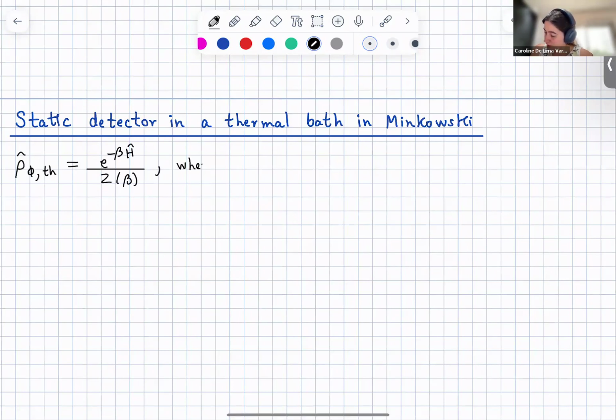So the partition function is just given by the trace of this e to the minus beta H. Okay.